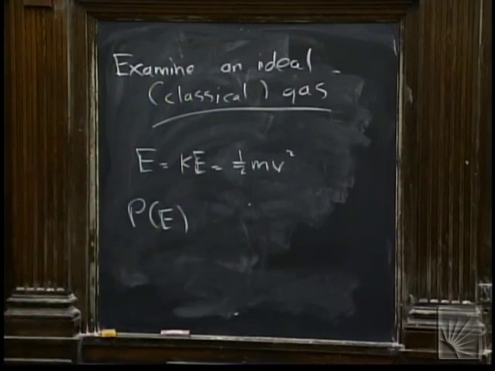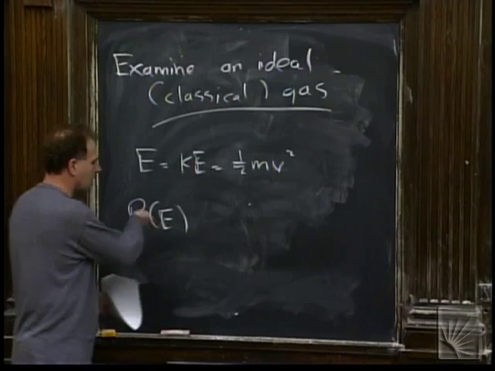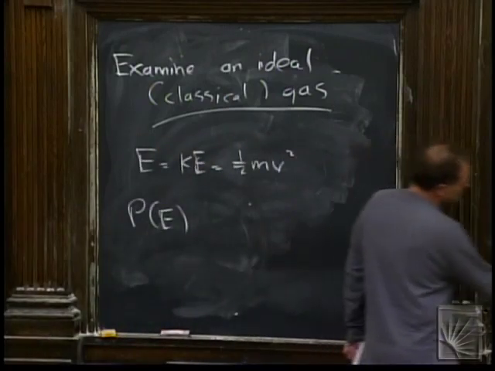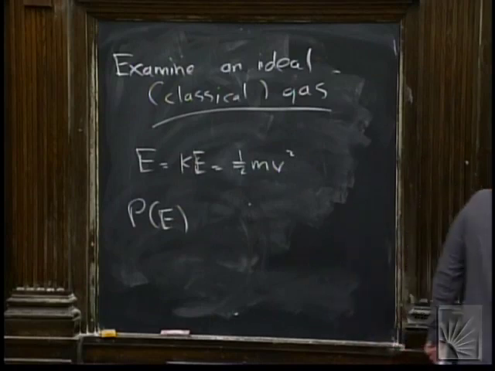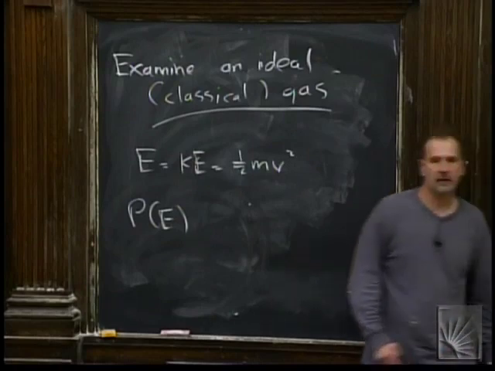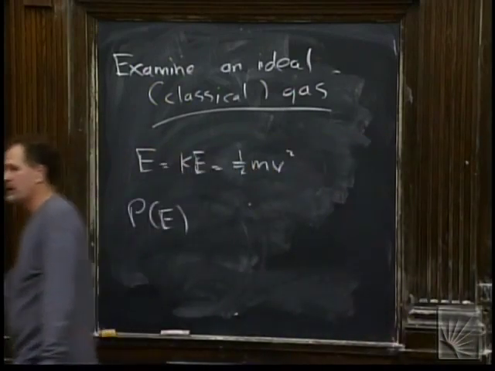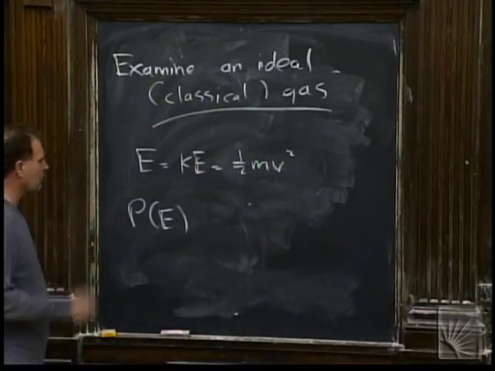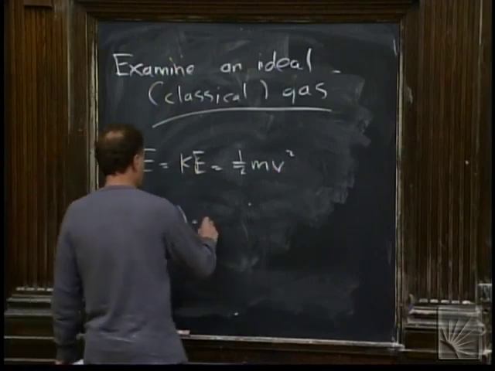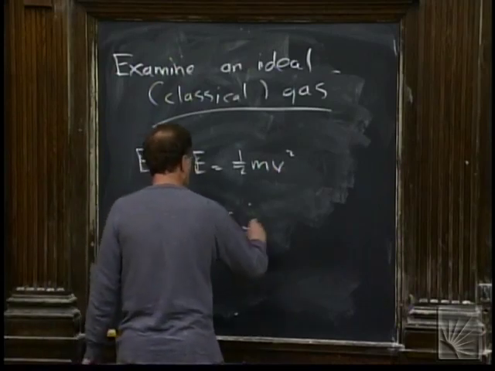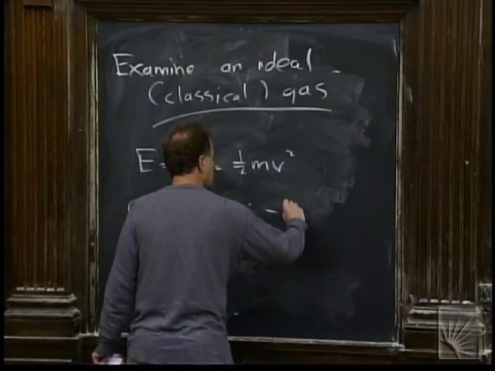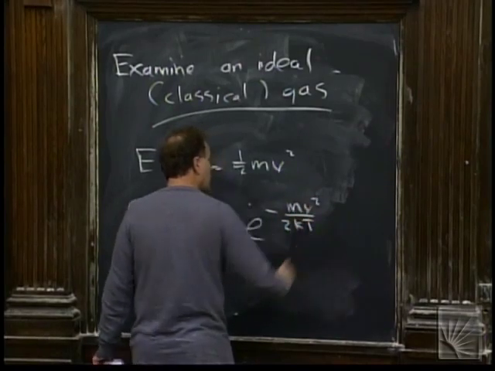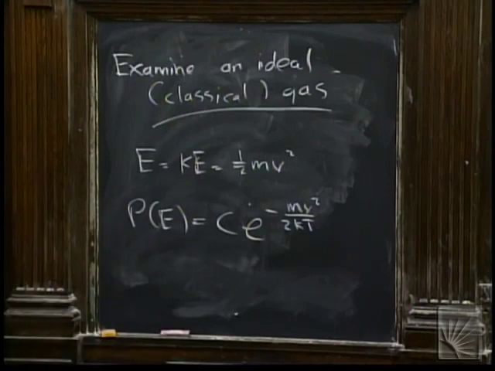I'm talking about the probability of any one particle in the gas having an energy E. Usually when we write down the Boltzmann distribution, we drop this S. It's implied that I was talking about a single particle or a single microstate, but usually we think of a single particle. It's going to be some constant times e to the minus mv squared over 2kT.